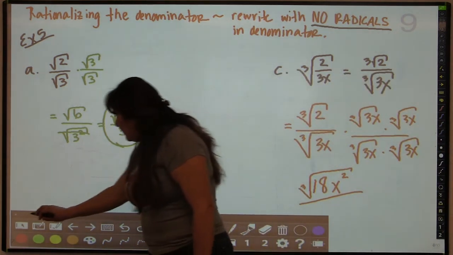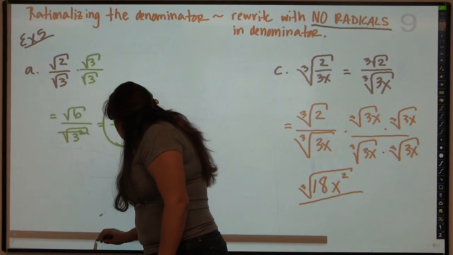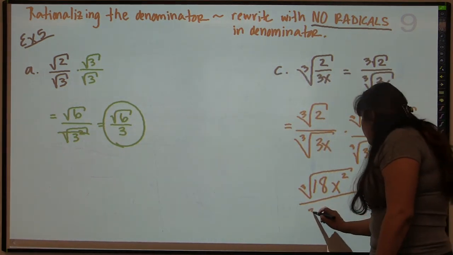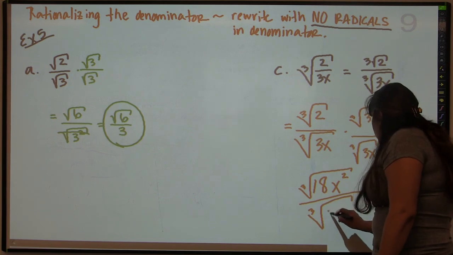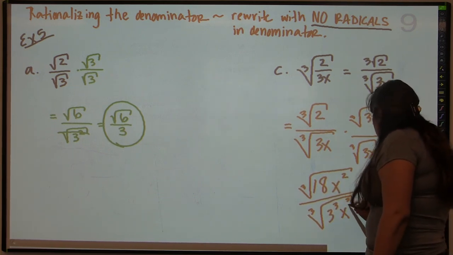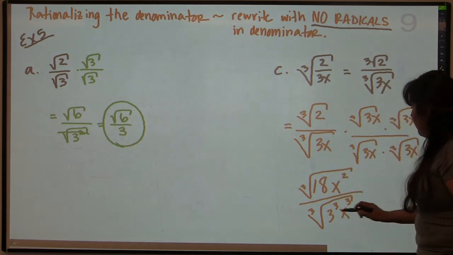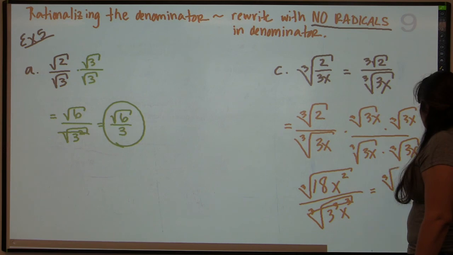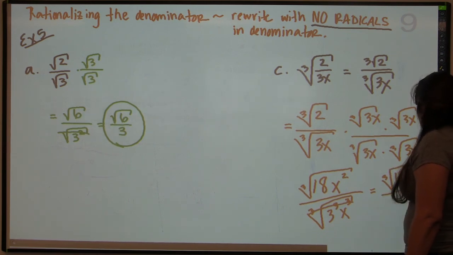And on the bottom, we're gonna have the cubed root of 3 to the third, because 3 times 3 times 3, x to the third, because x times x times x, and then they'll cancel, and we'll get the cubed root of 18x squared divided by 3x.